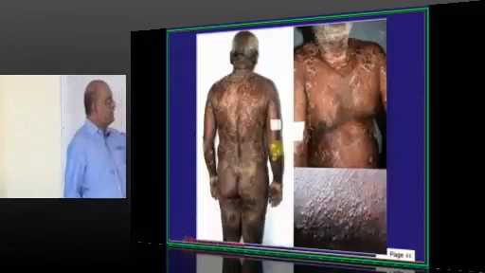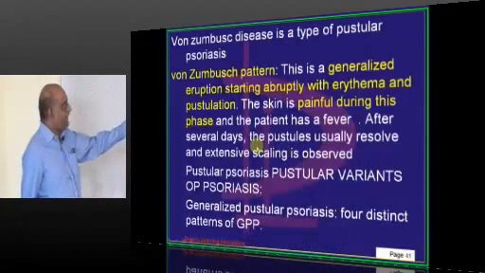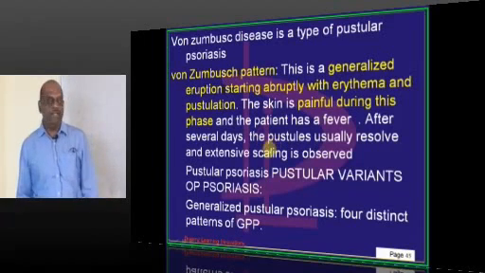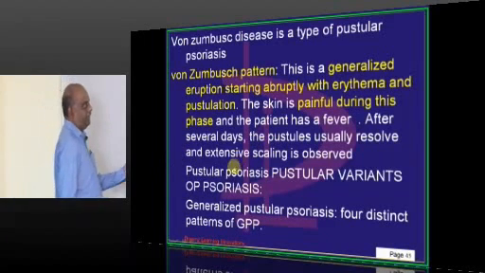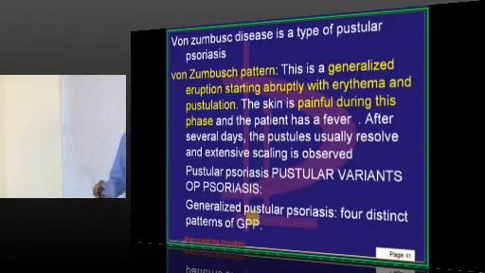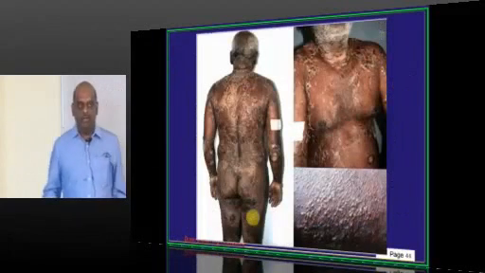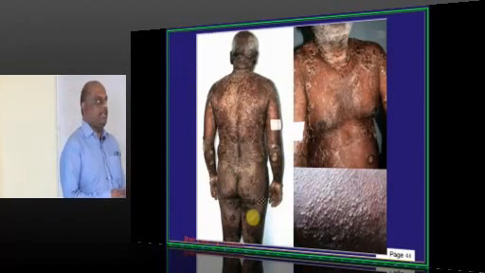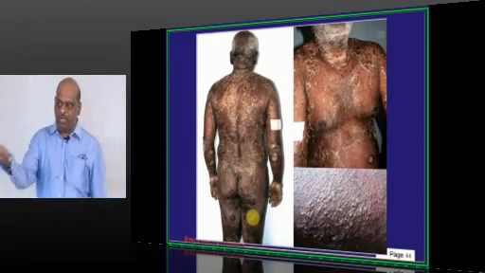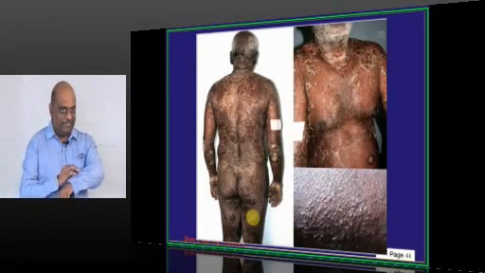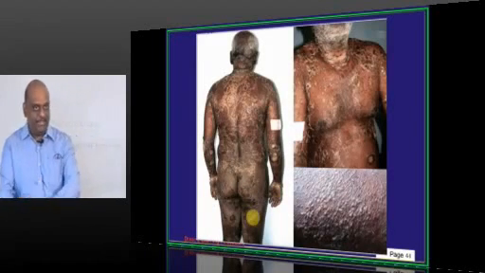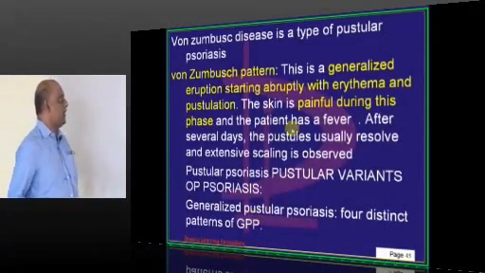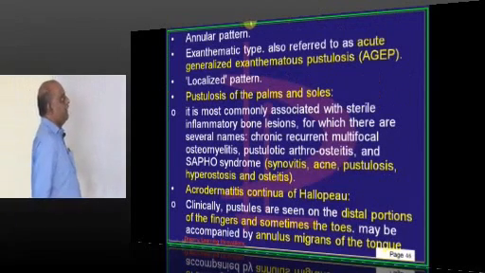So there is a generalized eruption which contains pus, and the patient will have fever and it is painful, and after some period of time the pustules will resolve, and then there is an extensive scaling which will develop. So every psoriatic case, don't expect him to come with a presentation with scales. It need not be a scaling presentation every time. It can be in the form of von Zumbusch initially is what you have to basically remember.